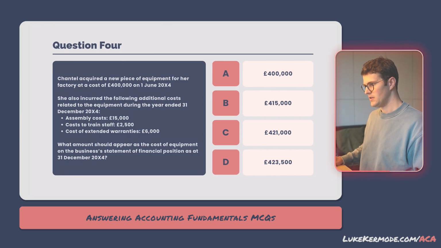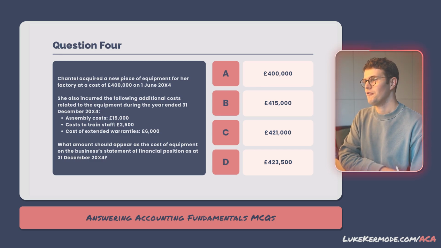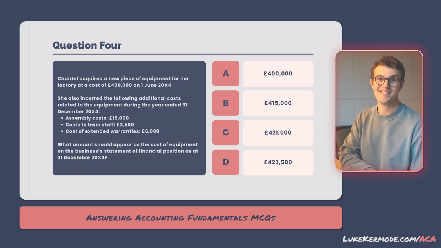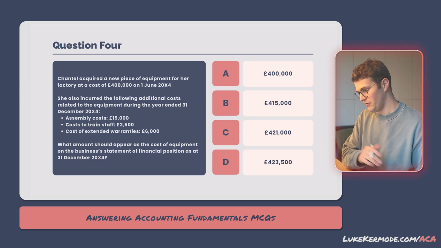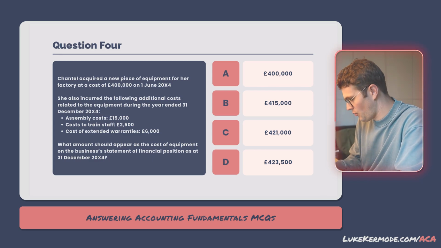Cool. Next up, we've got a question about non-current assets. So we're told that Chantel acquired a new piece of equipment for her factory at a cost of £400,000 on the 1st of June 20x4. She also incurred the following additional costs during the year ended 31st of December 20x4.